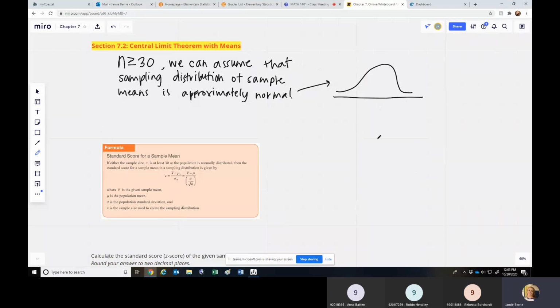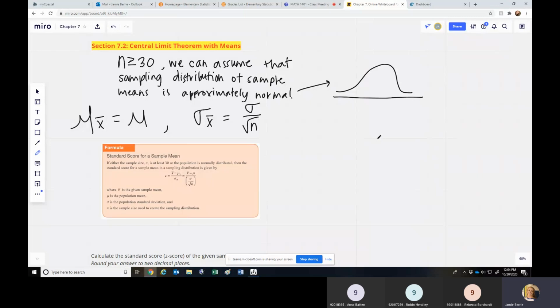And we also learned a couple of little formulas. We learned that the mean of a sampling distribution of sample means, which is denoted by mu sub x bar, is just equal to the mean of the population. And the standard deviation of the sampling distribution of sample means is equal to the standard deviation of the population divided by the square root of n.